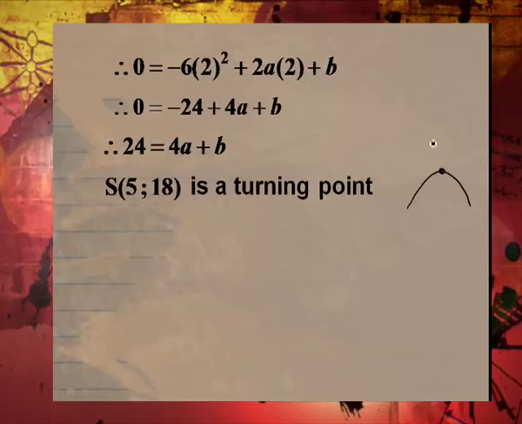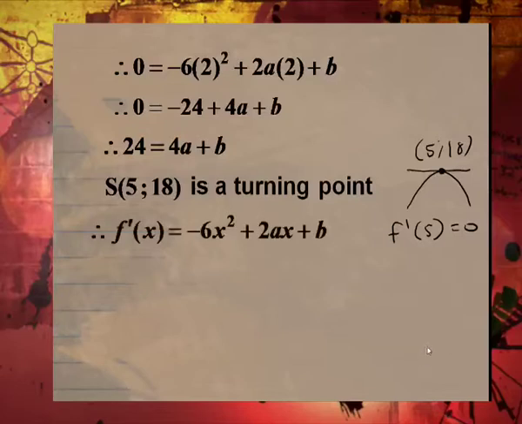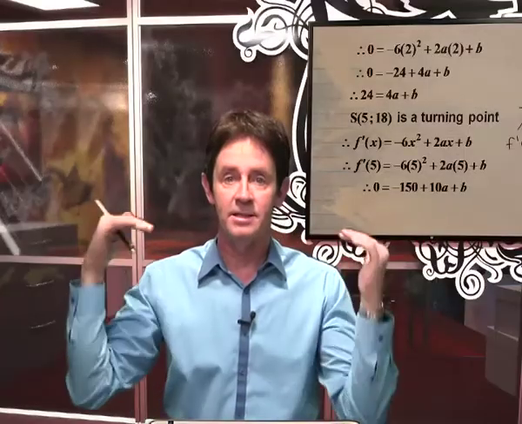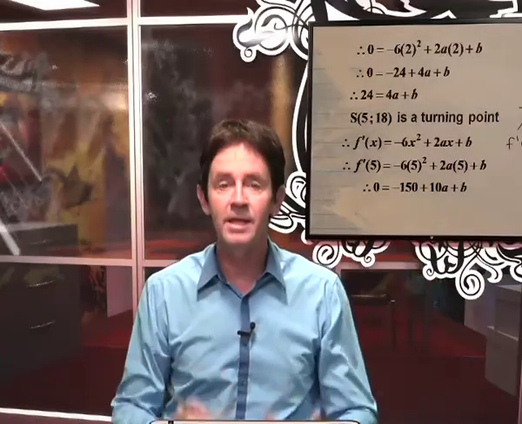There's a turning point. It's 5 and 18. What do we know about the derivative at 5? It's 0. So let's see. If we take the derivative there, we plug in 5, all the x's change to 5, and the gradient at 5 is 0. There's a tangent line, it's horizontal, the gradient is 0.